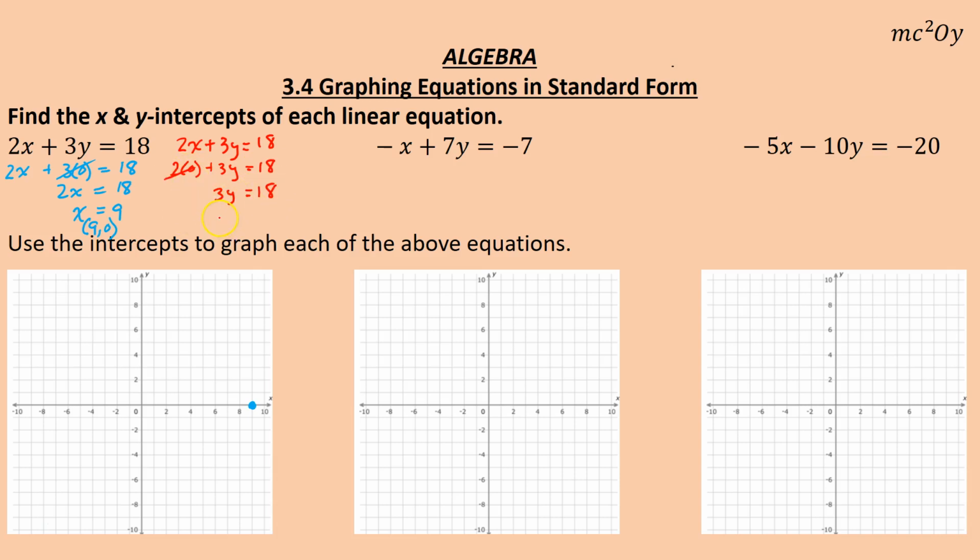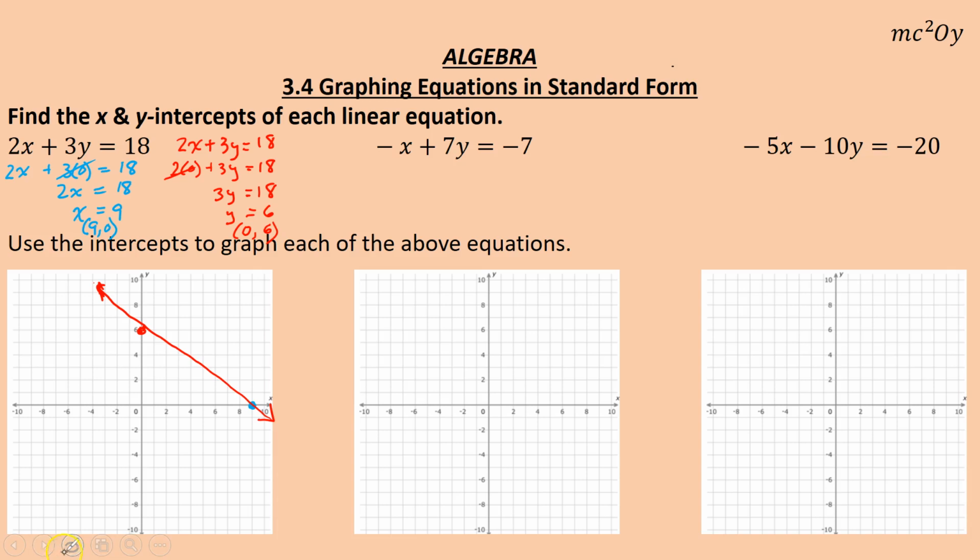That disappears, it becomes 0, so y is 6. So my y-intercept is (0, 6). So go to (0, 6), that's right there. And notice that gives me 2 points. And if I have 2 points, then I can use those 2 points to draw a line.